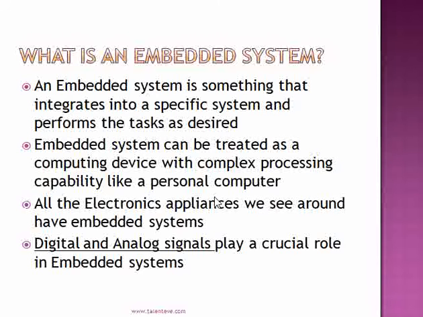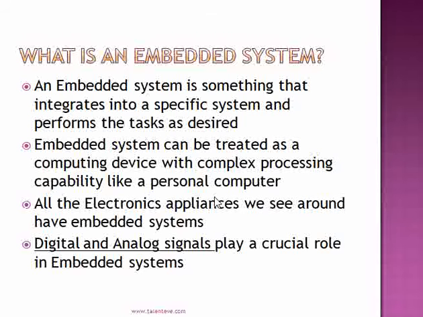So the usage of embedded systems starts from some of the basic applications and can extend up to a complex application, like for example robotics. Basically, as we mentioned, it is a computing device which can perform many activities and has the capability of a computer to perform the activities.